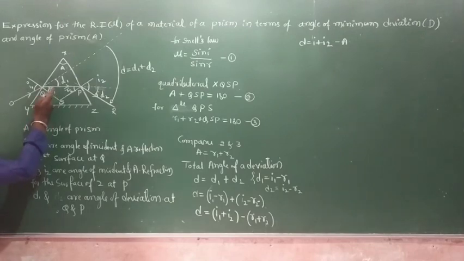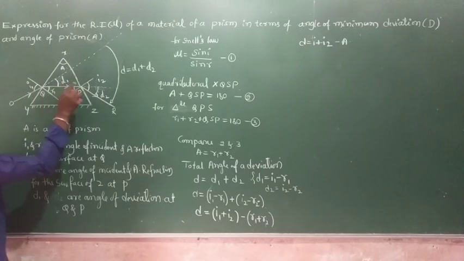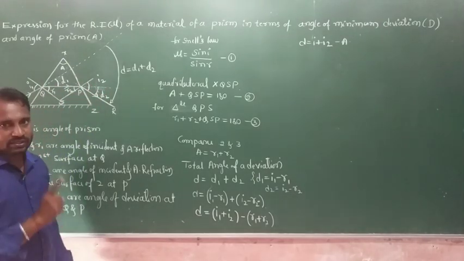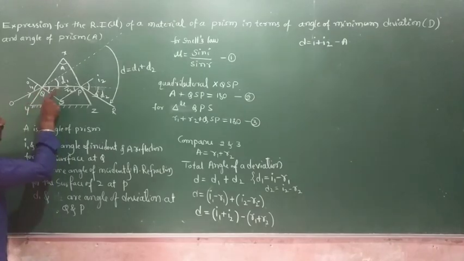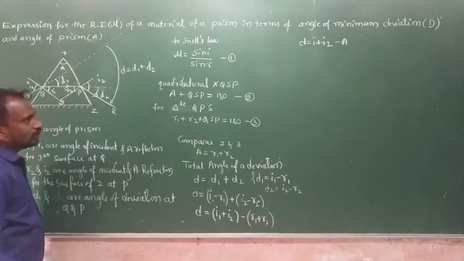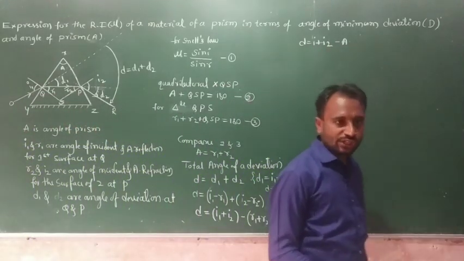When the refracted ray is parallel to the base of the prism, I1 is equal to I2. So this condition is nothing but the minimum angle of deviation.